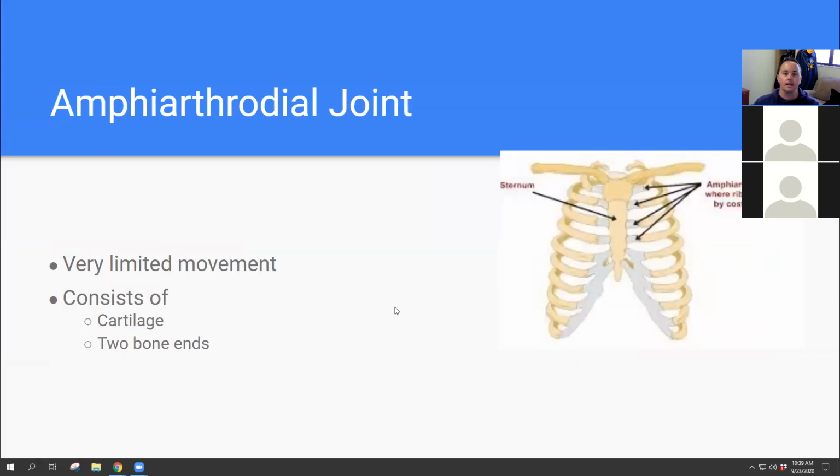Now, an amphiarthrodial joint. Amphi means limited, very, very limited movement. Instead of the joint coming together with 2 bones and a capsule, you have cartilage that is holding 2 bones together. Cartilage is a very fibrous, stronger structure than your ligaments and synovial fluids.